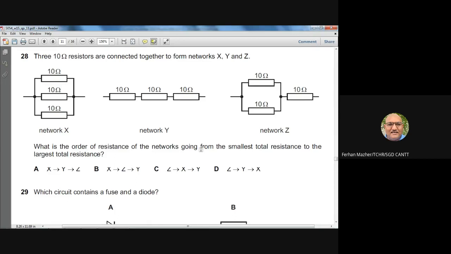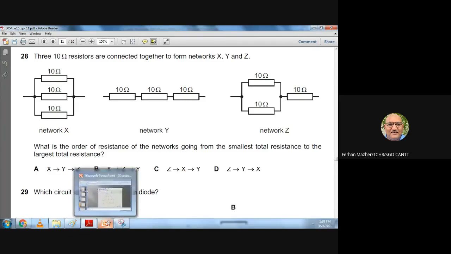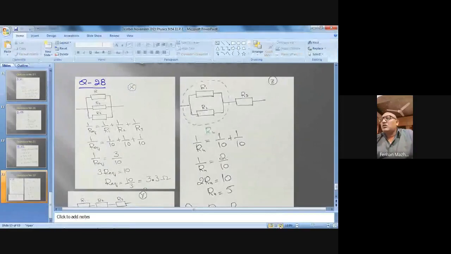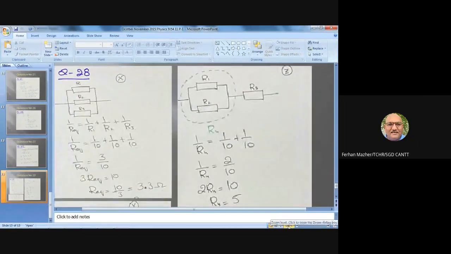So I have to calculate the total resistance for each combination: for network X, for network Y, and for network Z. I've done this on a paper. Let me show you my work. We increase the size a little bit so you can see this clearly.